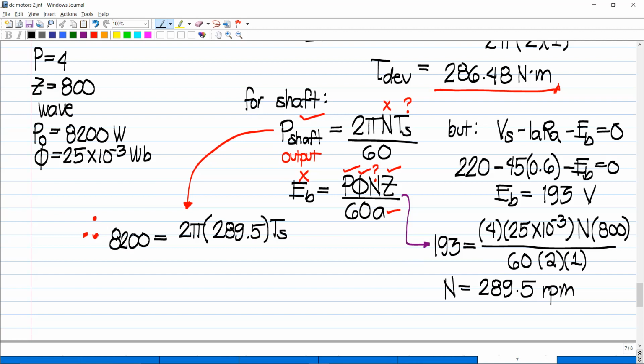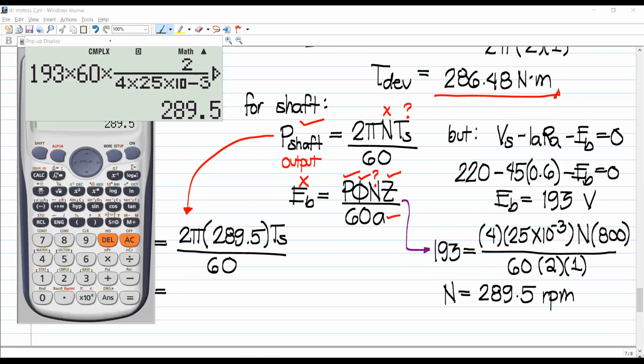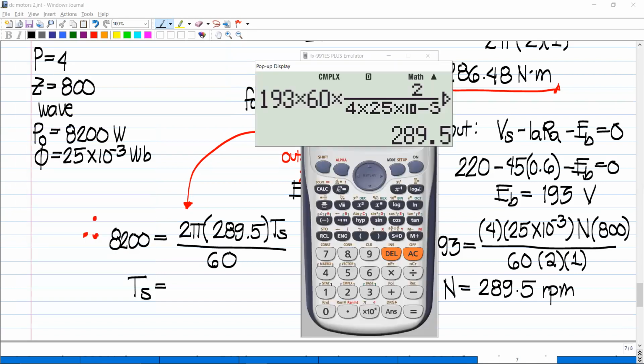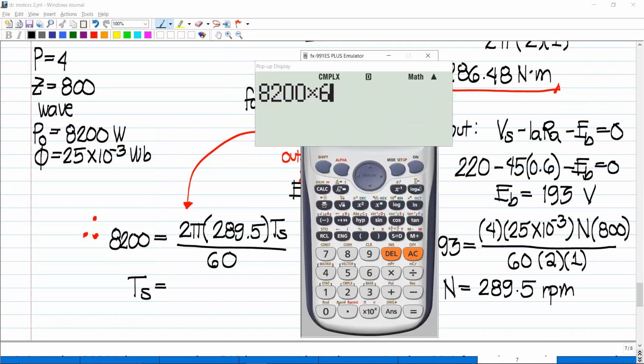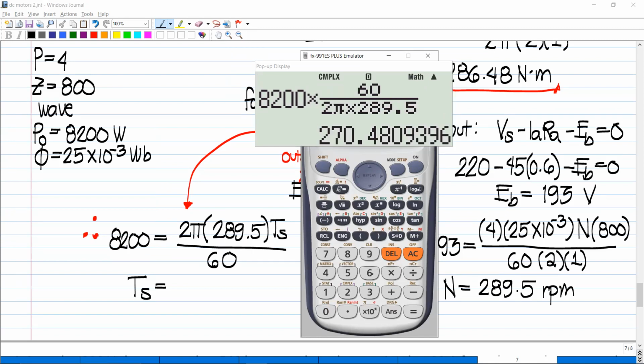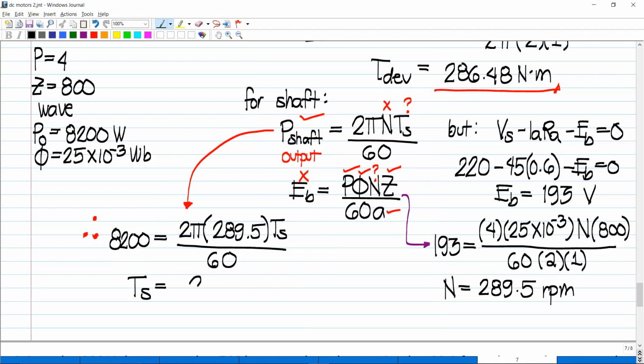We are looking for the shaft torque, and then this is divided by 60. So finally, we can now solve for our shaft torque. So 8,200 times 60, and then again, i-divide natin lahat ng katabi ni shaft torque. So 2 pi times 289.5. So we have here 270.48 Newton meter.